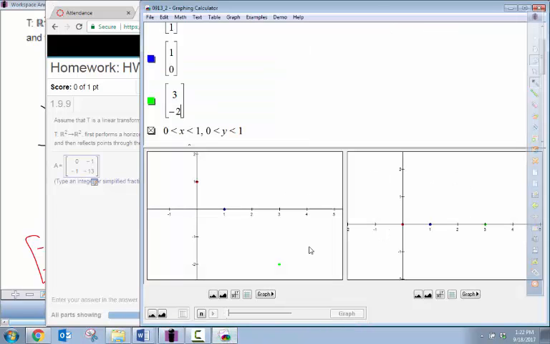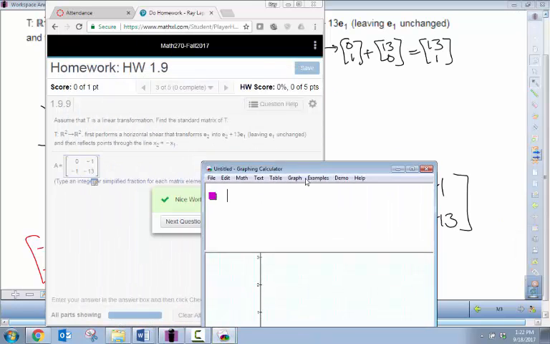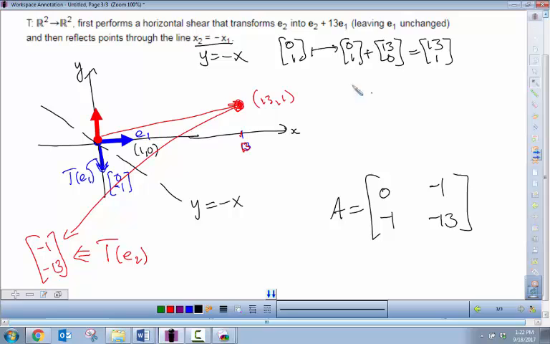Where did your initial values come from? Oh, the E is just standard. E1 is always 1, 0, and E2 is 0, 1. It's not on the assignment, but it's stated in the text as part of the discussion.